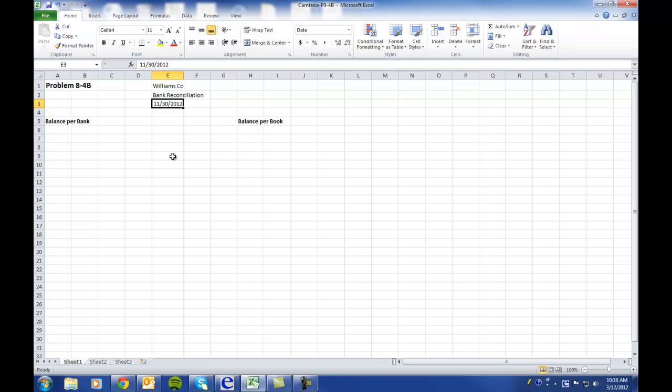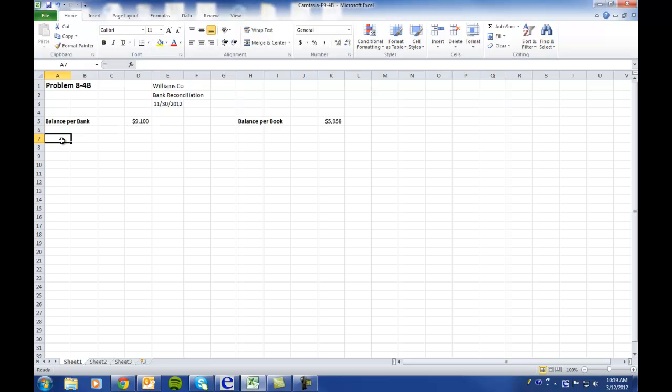Okay, and then number two, it says there's a debit for printing additional company checks, etc. And then at November 30th, it says that the cash balance per bank is $5,958, while the balance per book, or per bank, excuse me, is $9,100. Okay, so that's the starting point.